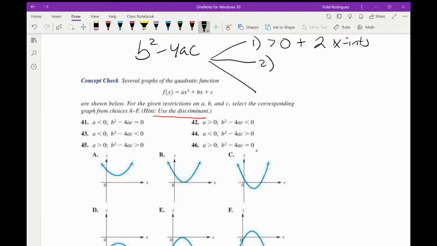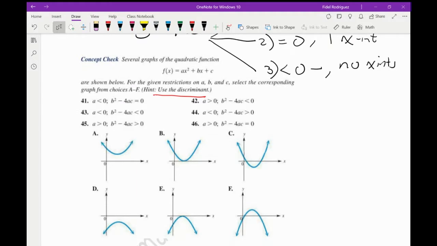Second possibility, suppose it's equal to 0, then we're going to have 1 x-intercept. And number 3, if it's less than 0, meaning it's negative, we're going to have no x-intercepts. So now what I'm going to do is look at, say, 41.